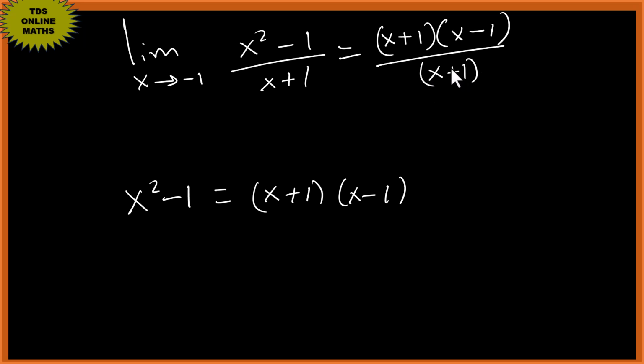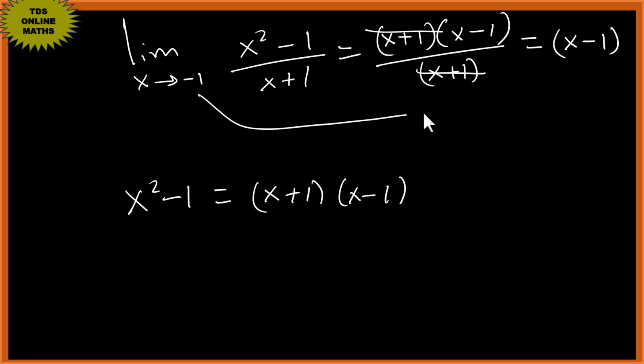So we can do cancellation here, which leaves x minus 1. The limiting value here is -1, so once I plug in, I'll get -1 minus 1, which is -2.